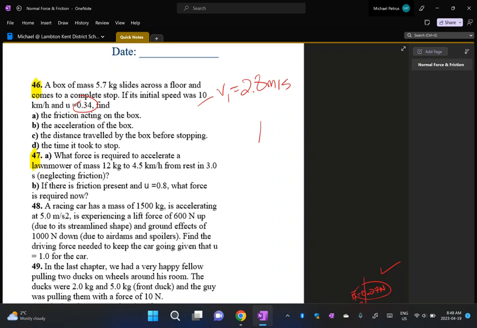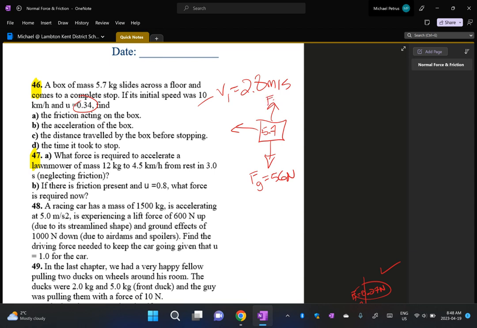So I'm going to make the box. It's 5.7 kilograms. It's sliding along the floor with no mention of a forward force. So I think the free body diagram is just going to look like this, where we've got gravity here, which will be 5.7 kilograms times 9.81, which is 56 newtons.